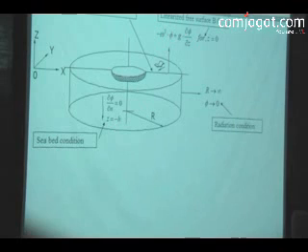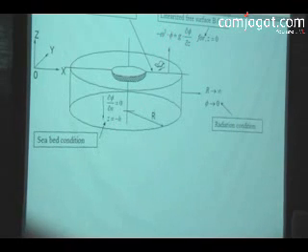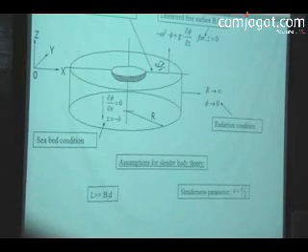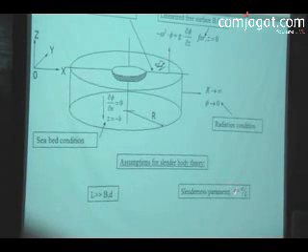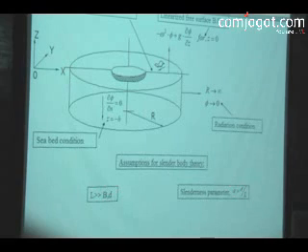In case of slender body theory, the assumption is that the length of the ship is quite large compared to the breadth and draft of the ship. And this slenderness parameter, which is the ratio between the draft and the length of the ship, characterizes the whole theory, basically. Using this slenderness parameter, we try to expand the value of the velocity potential.